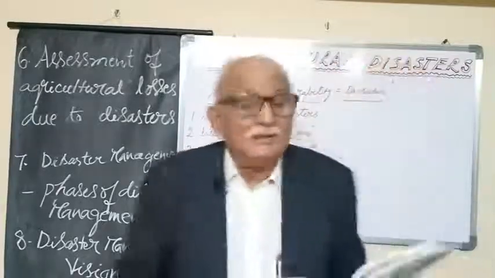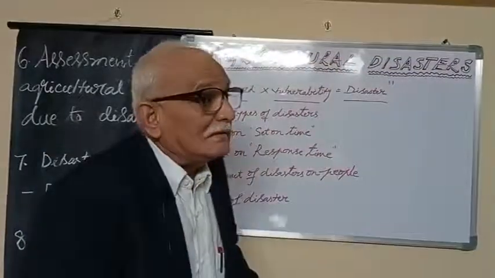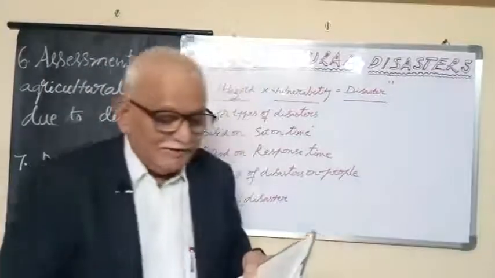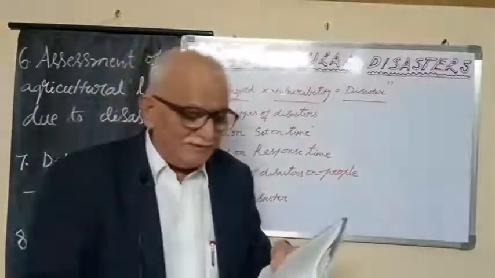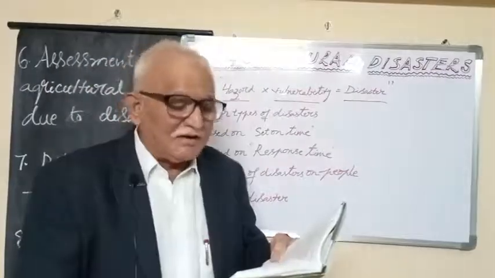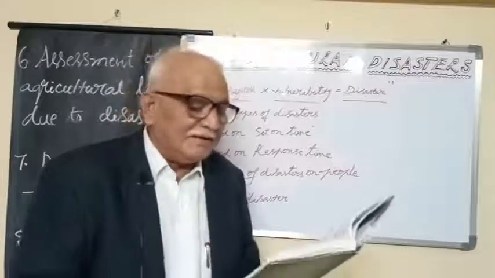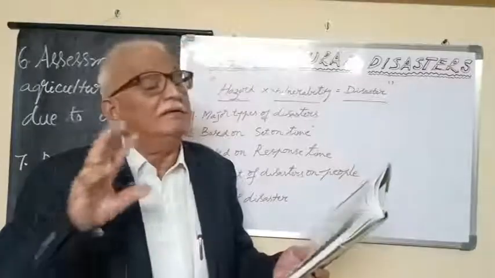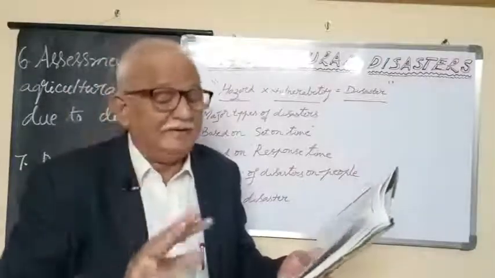Scale of disasters. What are the scales of disasters? The disasters depend upon lead time available, intensity of hazard, duration, spatial extent, density of population, and time of occurrence, whether a disaster is occurring during the daytime or night time.